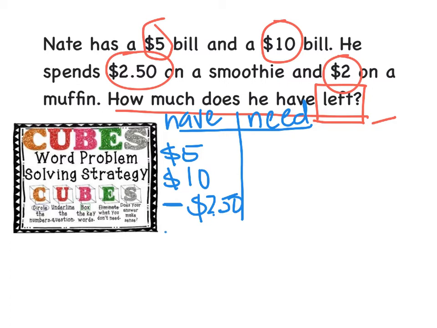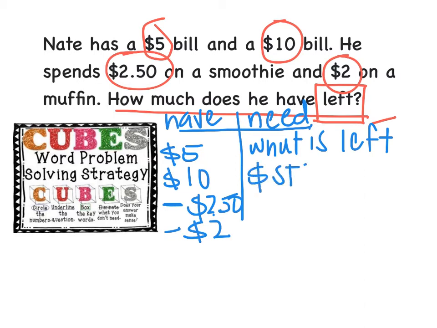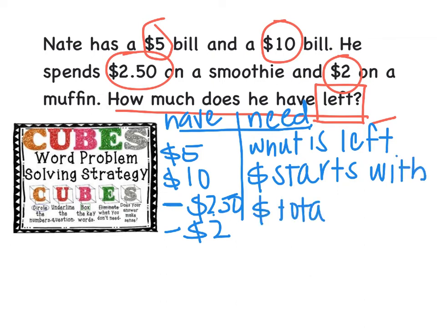He spends $2.50 and he spends $2. So I need to know what is left. And it might also be helpful for me to know the money he starts with. So how much did he have in all? And it might be helpful to know the total that he spent because he bought 2 different things. If I know how much he spent in all, it will help me.